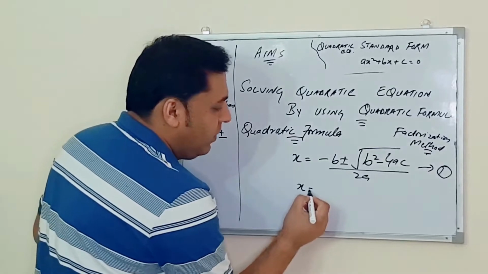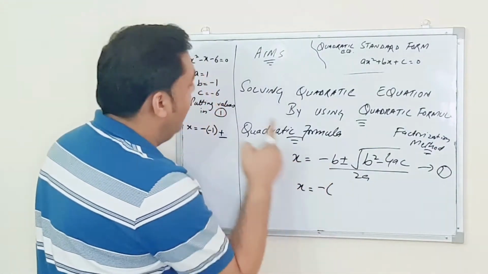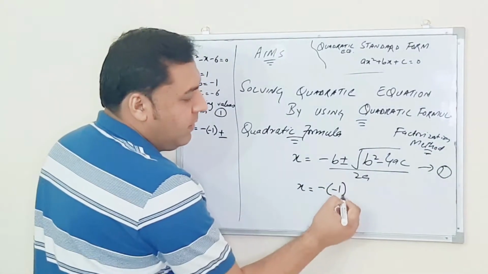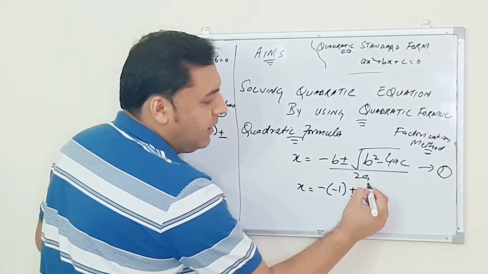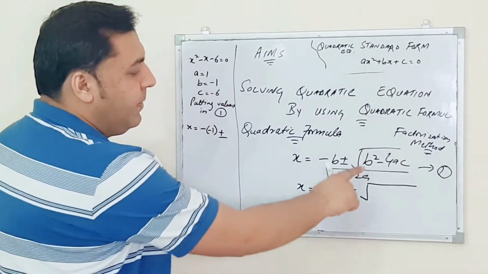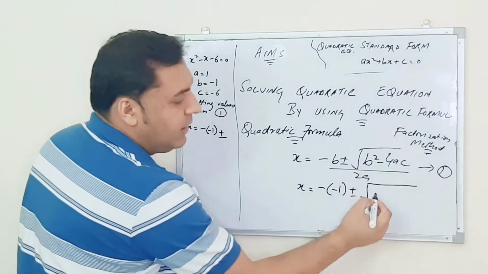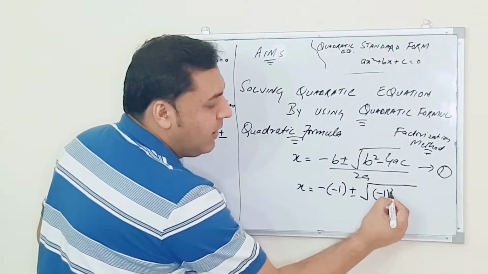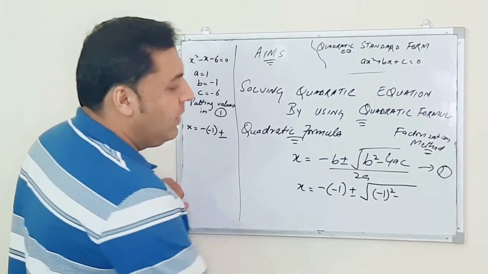x equal to minus into b value which is -1, plus minus under root will remain the same. The b value is -1, so here -1 square, we are just putting the values.